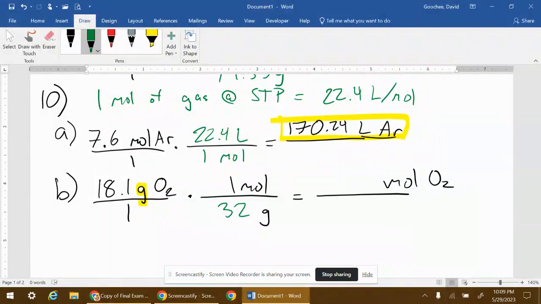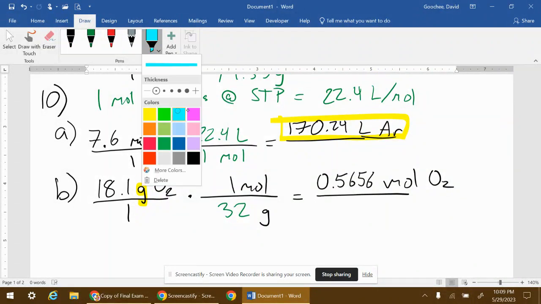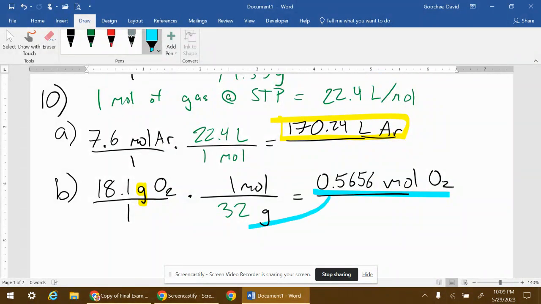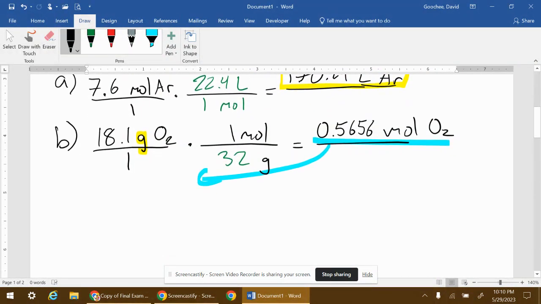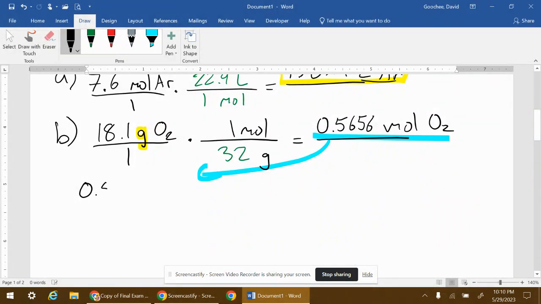So 18.1 divided by 32. So that 18.1 grams of oxygen is 0.5656 moles of O2, okay? And we can take this mole value right here and we can then do the simple conversion, all right? 0.5656 moles of O2.